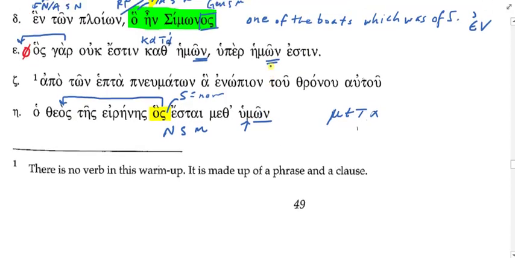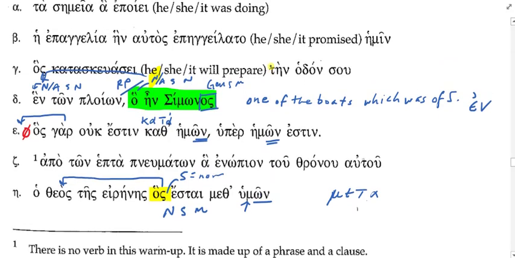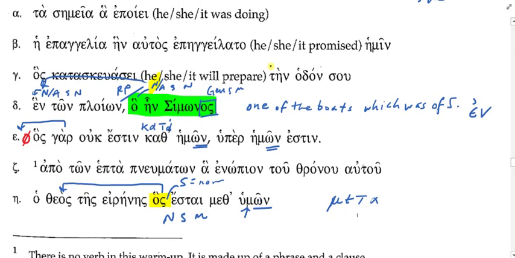All right. Others here among the warm-up exercises? So gamma? Yeah, let's take a look at that. And again, let's recite this together. Ready? Hos kataskeuase ten hodon sou. Now, we unfortunately don't have the rest of the sentence here, so we don't know for sure whether the hos here introduces a relative clause that is headed or headless, do we?